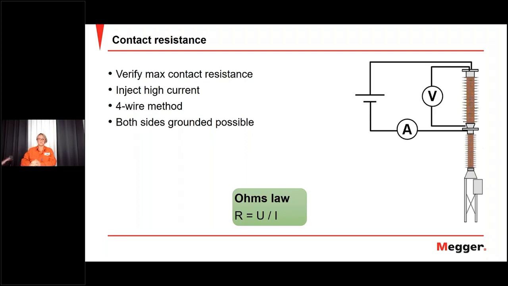You inject the high current and you should use a 4-wire method. You should have separate cables for current and separate for voltage. And this is possible to do with both sides grounded, which can be really good and nice to do when you're out in the field outdoors, because you have very much problems with inductance or actually capacitive coupling. So that would be a much safer way to work.